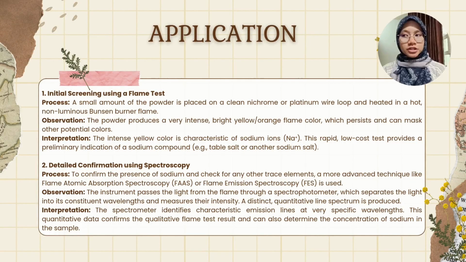For the application, initial screening using a flame test. A small amount of a powder is placed on a clean nichrome or platinum wire loop and heated in a hot, non-luminous Bunsen burner flame. The powder produces a very instant bright yellow or orange flame color, which persists and can mask other potential colors.